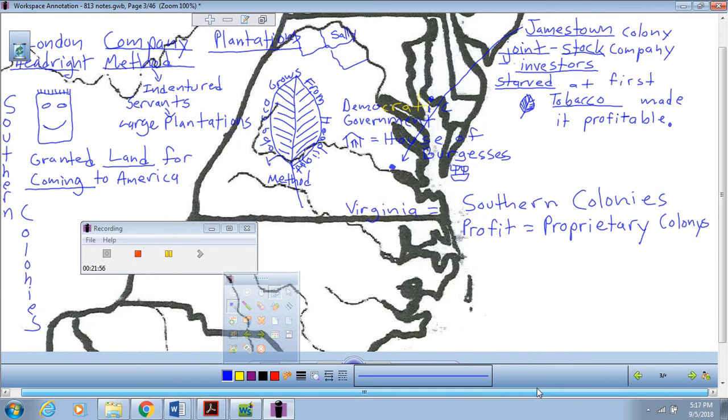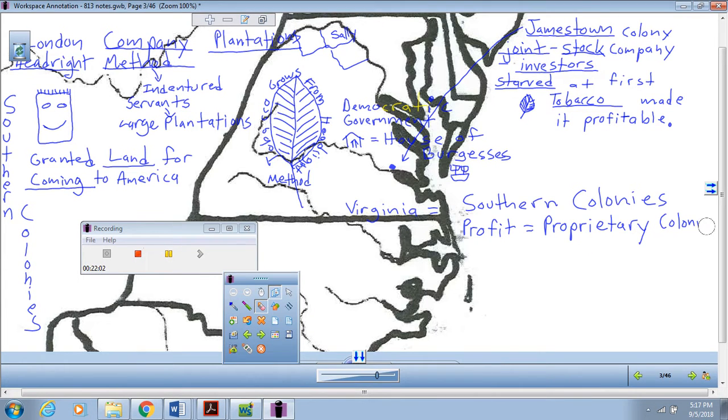They were English colonies, but they were not necessarily for the purpose of religious freedom. They had owners, and the owners wanted to make profit off of them. So, Virginia and the rest of the southern colonies were proprietary colonies for the purpose of profit.